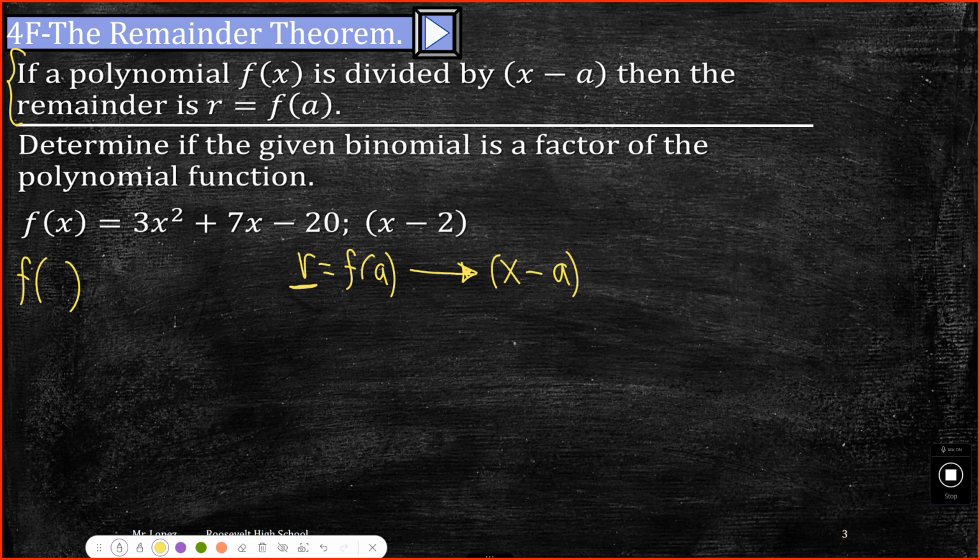But what is a? Anybody, what is a? I actually have to work it out. What is a? x is this x, and minus is this minus. So what must be a?